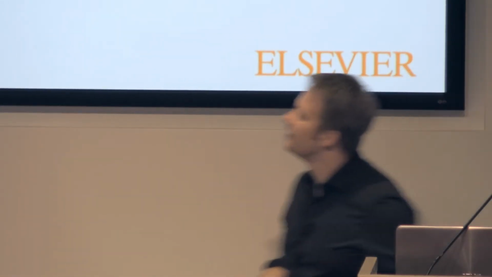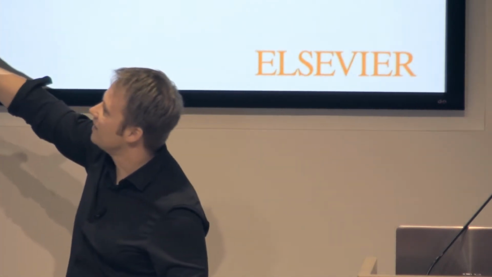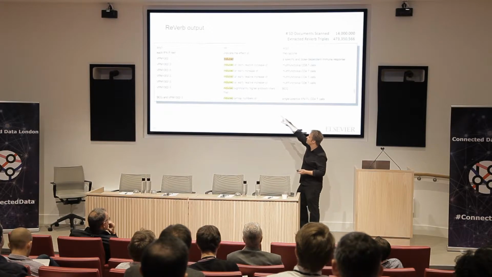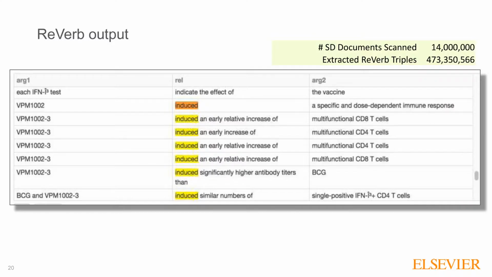An example of that is something like this. You can extract things like concept induced an early increase of another concept, right? And you could just mine that in an unsupervised fashion from text.